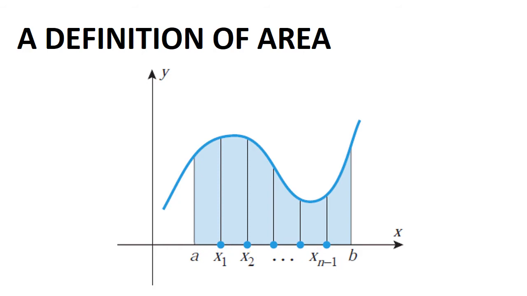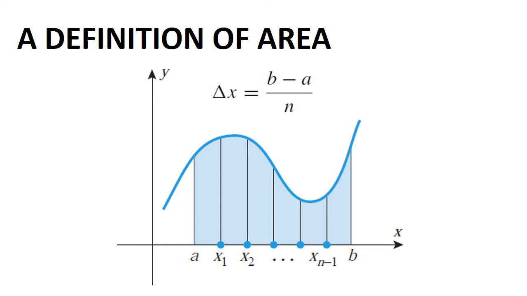And then from this subinterval or intervals between AB, mapapansin natin na ang length ng delta x, length nung interval or yung width nung ating rectangle is equal to b minus a divided by n.